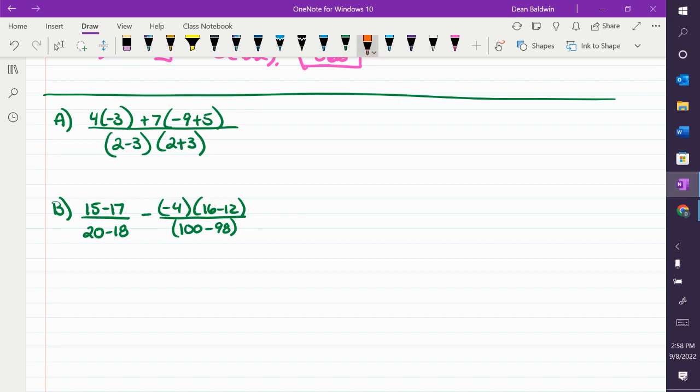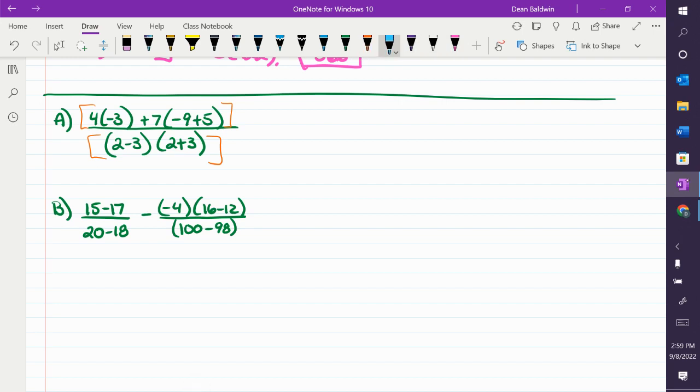If they're not drawn in, it's really like there are brackets around the top and brackets around the bottom, i.e., do all of the top first, then do all of the bottom, and then divide at the end. Okay?